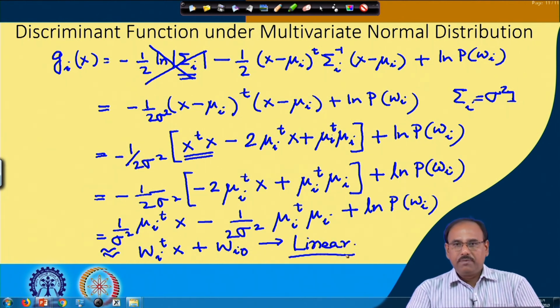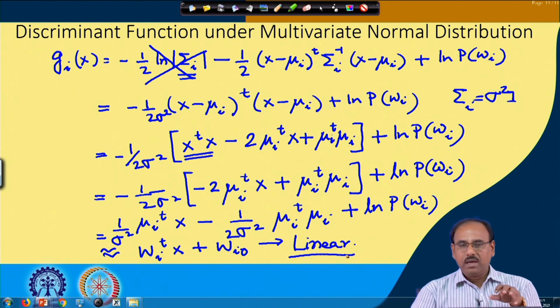That means, under the simplified case, when the components of the feature vectors are statistically independent, and all the components have the same variance σ², the g_i(x) is simply of the form w_i^T x plus w_i0, which is a linear expression.